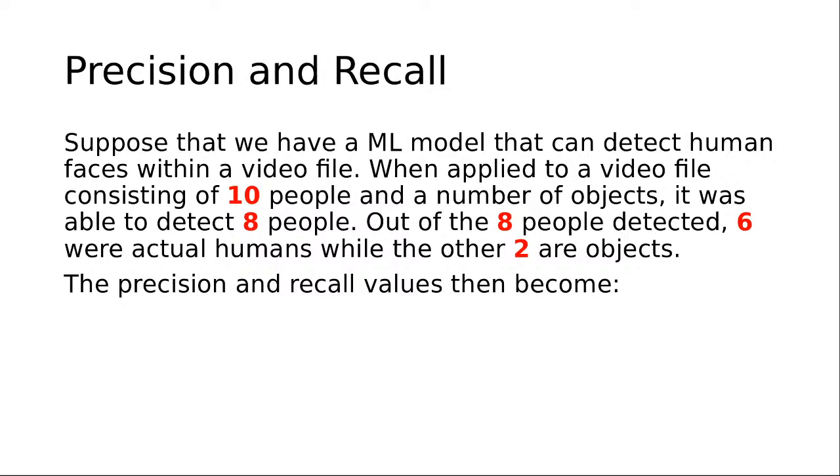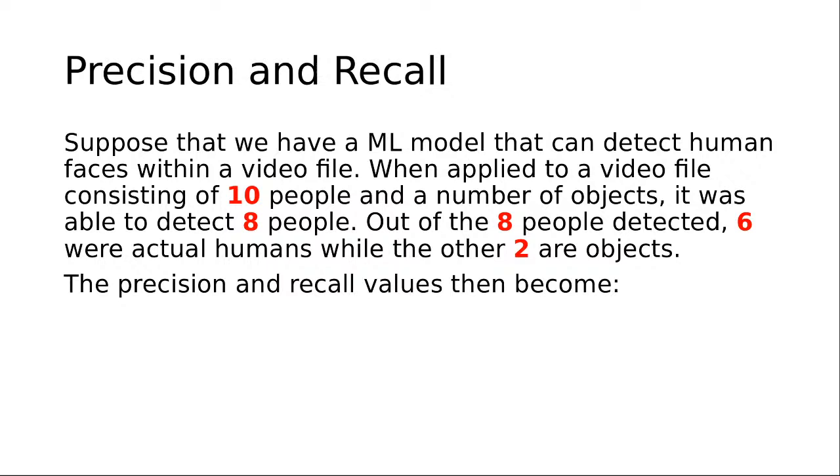Think of it as a computer vision program that, given a video file, can detect human faces within a video. For example, if we put in a video clip of, say, Doom, it could detect the actors and actresses within the Doom movie file. So that's a model that we have created.